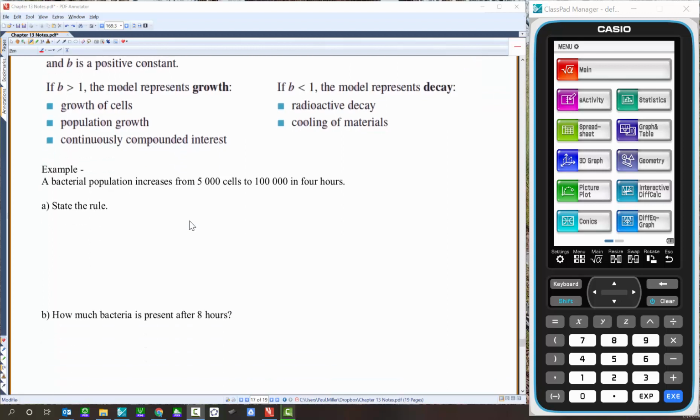A bacterial population increases from 5,000 to 100,000 in 4 hours. Let's get the rule. We're going to write out a general rule, which is A equals A0 multiplied by, now we can choose any base we want to do this. This seems a little crazy, but we can model this with any base we like.